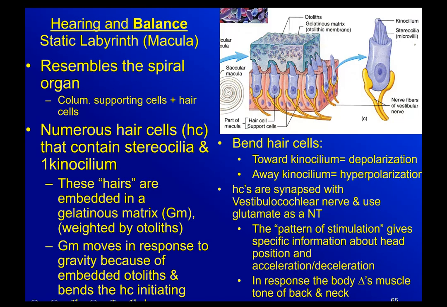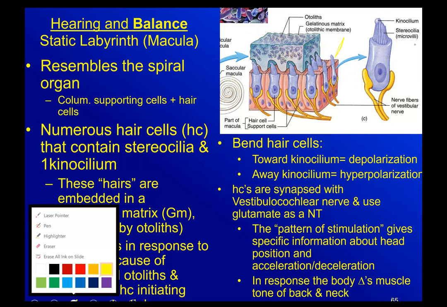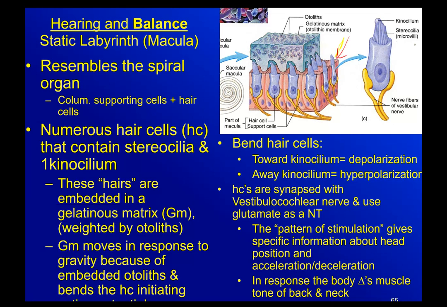So the static labyrinth with the macula, you have hair cells like you saw previously in the organ of Corti, okay? But they're embedded in this gelatinous matrix that contains these things in here called otoliths, okay?